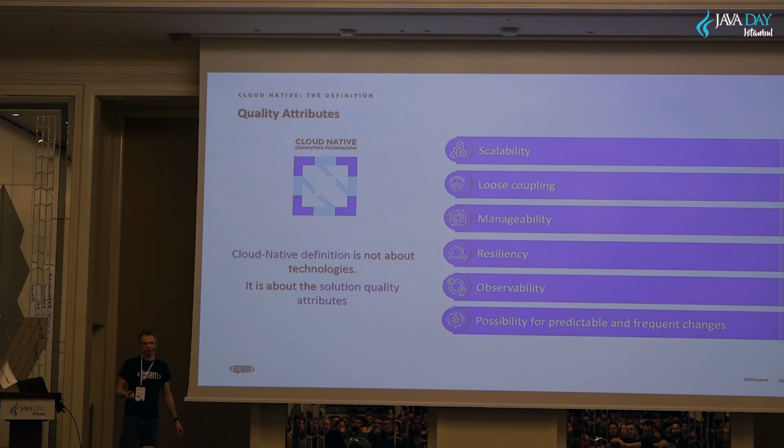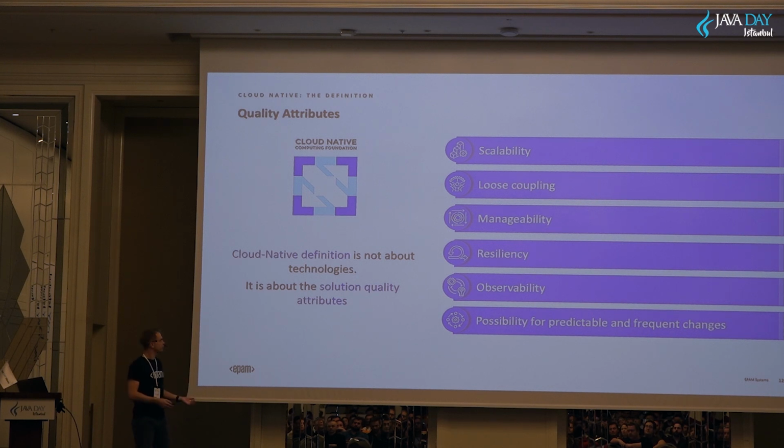And the cloud native definition is more about cloud quality attributes. Like we already talked about: loose coupling, scalability, manageability, observability, and all the others. And I would like to highlight here that cloud native is some kind of a world with some kind of rules.